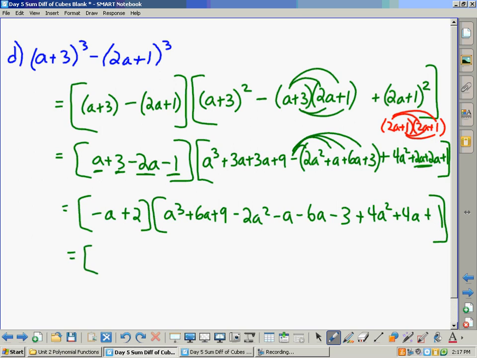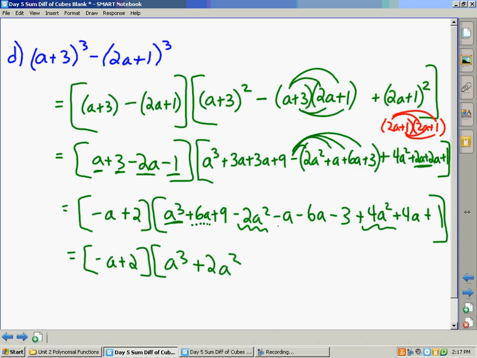And really this is big, long, not very exciting work, but it's another way to practice this. A cubed doesn't have anything, so it's just that. Got a bunch of a squareds plus 2a squared. And I've got a 6a minus a, so I'm at 5. Minus 6 is at minus 1.